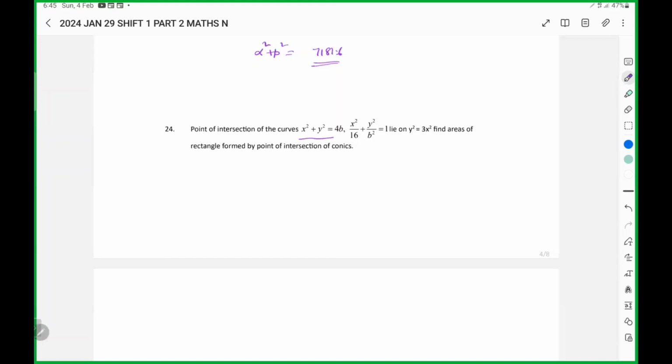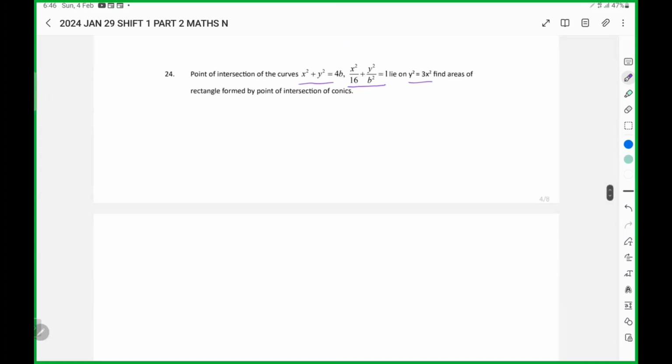Here, he has given a circle, an ellipse, and then some pair of lines.